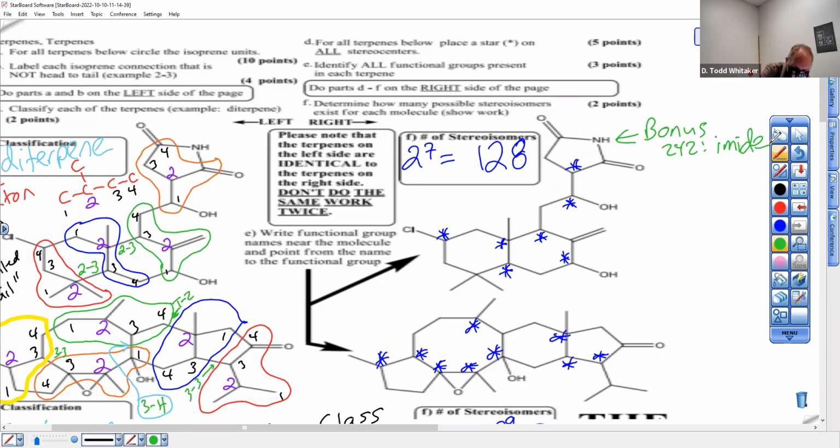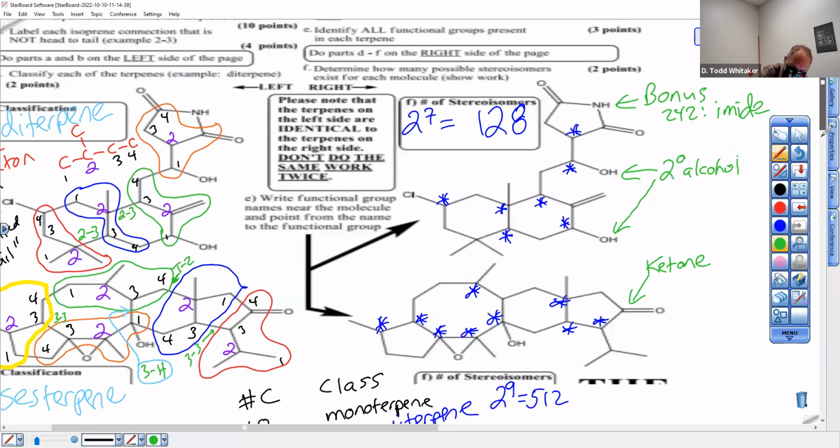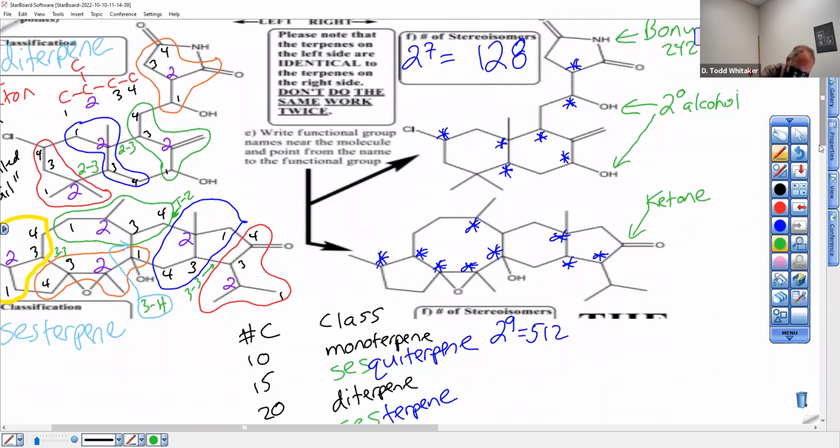What about this one right here? And here. Yes, secondary alcohol. And I think that's the only 2 on that one. What about this guy right down here? Ketone. Now, I could have put an arrow from alcohol to this other one, but it's not secondary, so I think it's best to do something else.